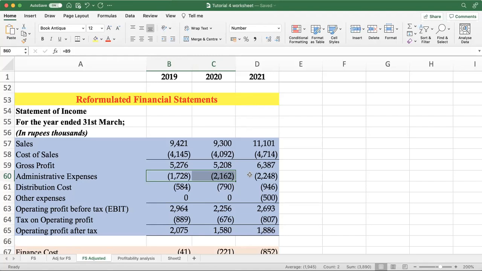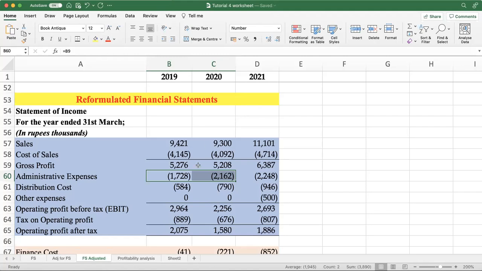Now, these are summarized financial statements. But you can request from management details of administrative expenses, so how these two values are made up in 2019 and 2020. From this additional information, you can do a detailed analysis.